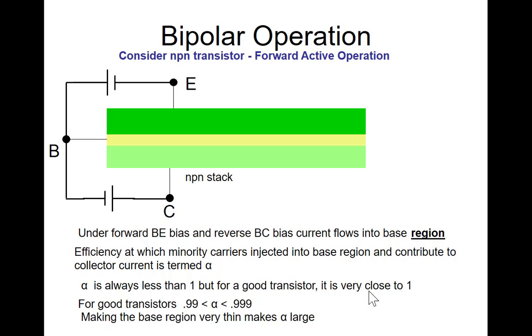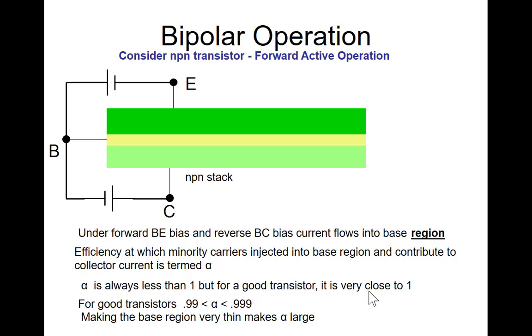The efficiency at which minority carriers injected into the base contribute to collector current is termed alpha. So alpha could be anywhere between 0 and 1. If alpha is 0, it means that none of them make it to the collector. If alpha were equal to 1, it means they'd all make it to the collector.